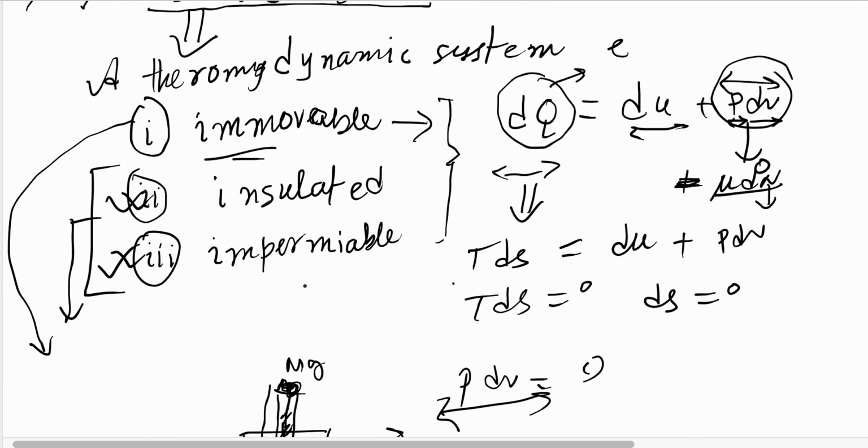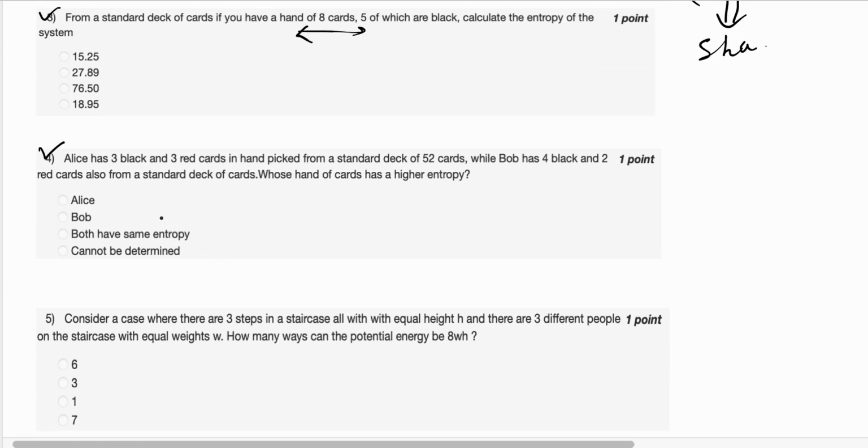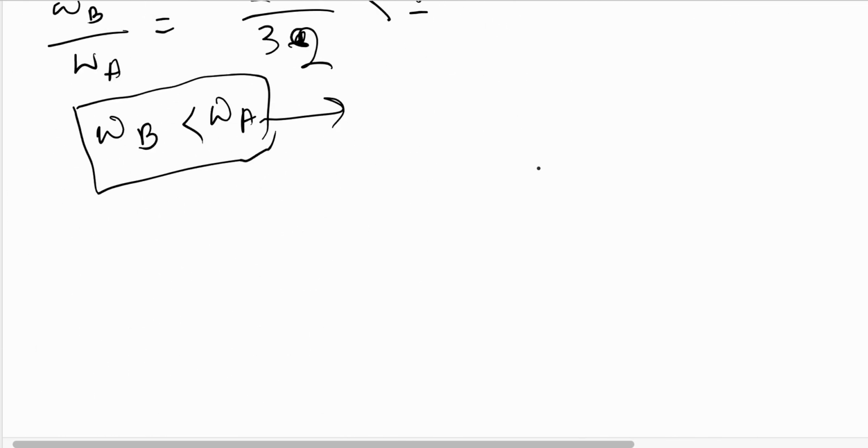But apparently, one can say from this example that since Alice has 3 black and 3 red cards, it has some symmetric, ordering kind of thing, so one can think that Alice should have less entropy than Bob.